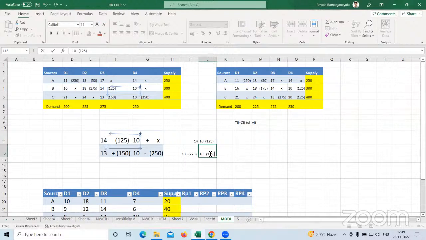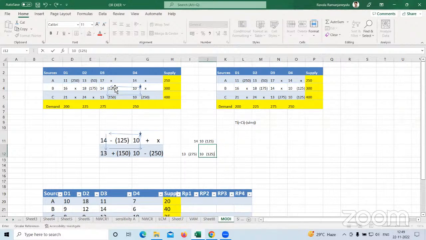Now the new allocation we need to make with this one only. The other cells are somewhat occupied and some are unoccupied, but the new cells with these new figures only are to be considered.